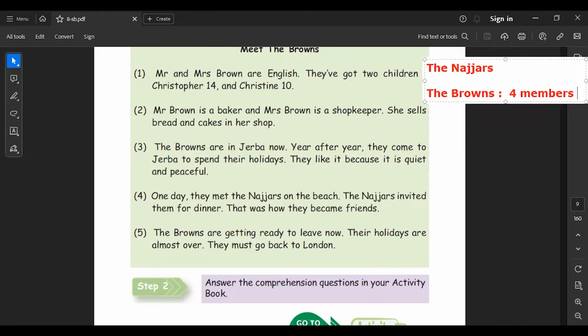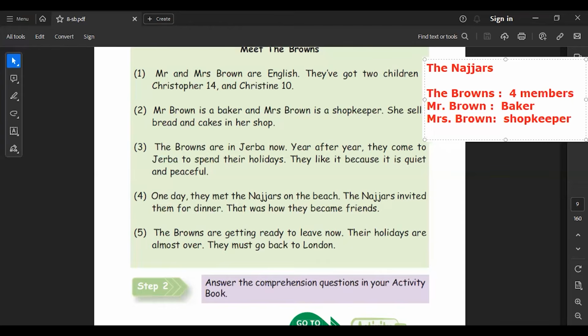4 members. So we have Mr. Brown, okay, who is a baker, isn't it? Now we have Mrs. Brown, okay, who is a shopkeeper. Also we have 2 kids from the Browns, who are Christopher, or we call him Chris.